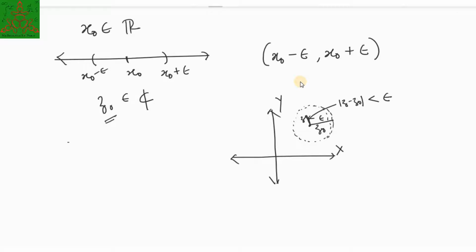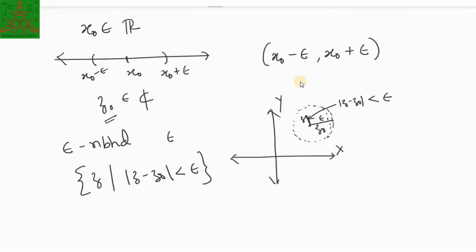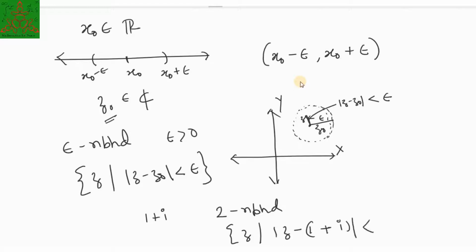So the epsilon neighborhood is defined as the set of all points z such that the modulus of z minus z0 is less than epsilon, for any given epsilon greater than 0. For example, if I have the point 1 plus i and want the 2 neighborhood of 1 plus i, that is the set of all z such that the modulus of z minus (1 plus i) is less than 2.